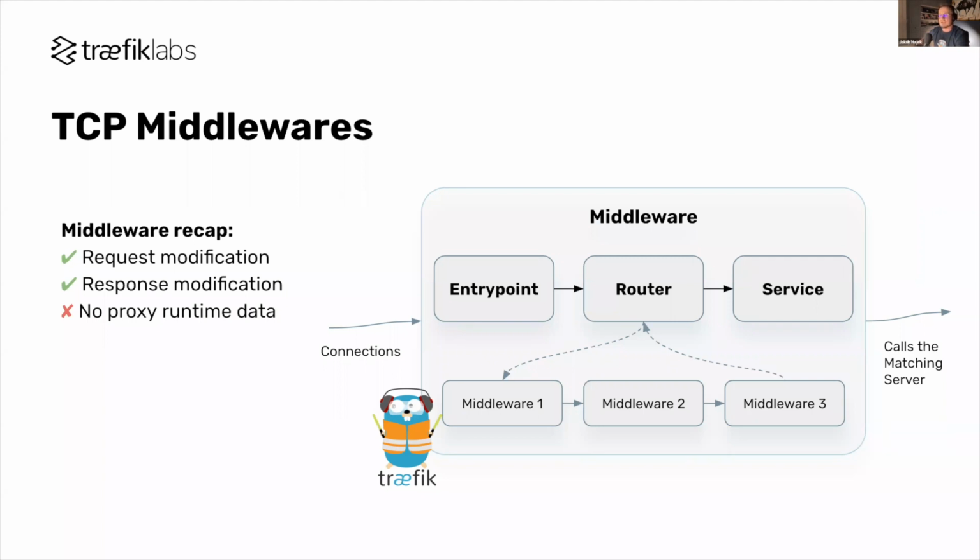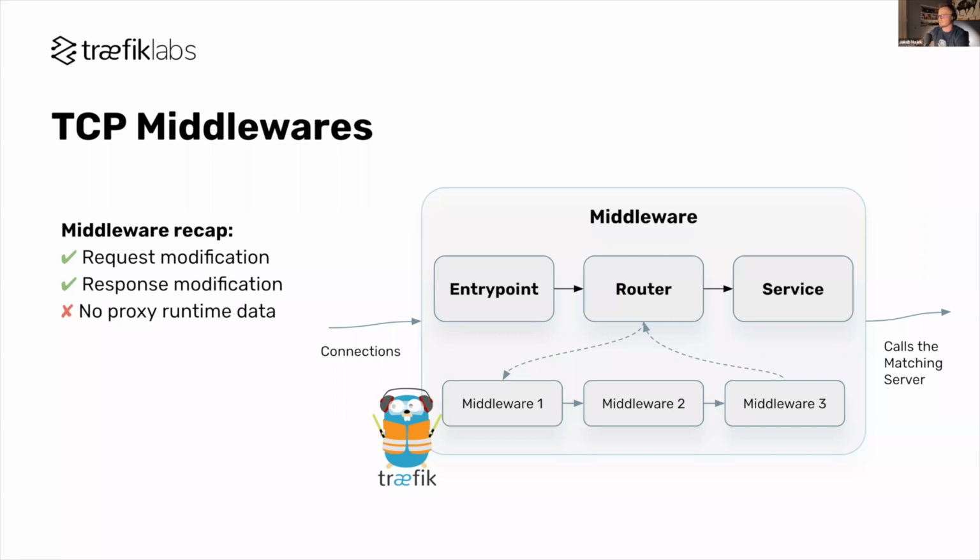For HTTP, there are lots of middlewares, starting from basic authentication, strip path prefix, circuit breaker, rate limiters, and many others, for example OpenID Connect for authentication. So it's quite powerful.